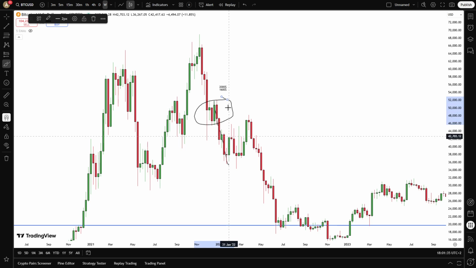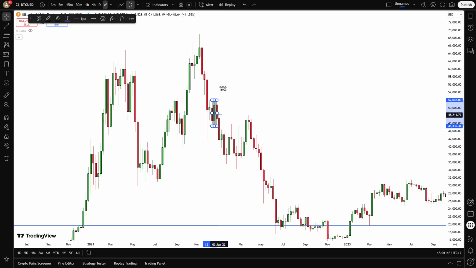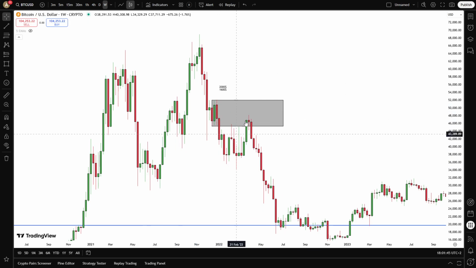So this staircase, I drew a box from here to here, and I DCA'd this entire zone with a short.